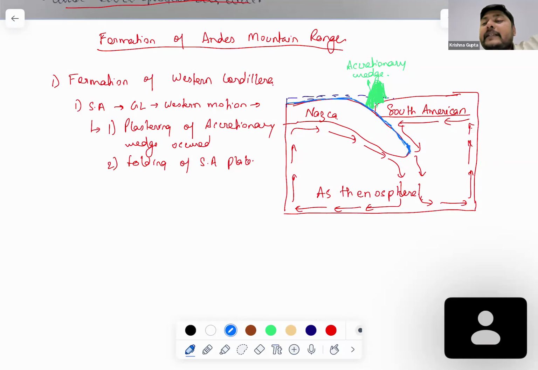Because of the presence of water, the melting point of the plate decreased, because of which there was formation of magma, and this magma started to come up over this region, which resulted in the formation of the Western Cordillera.